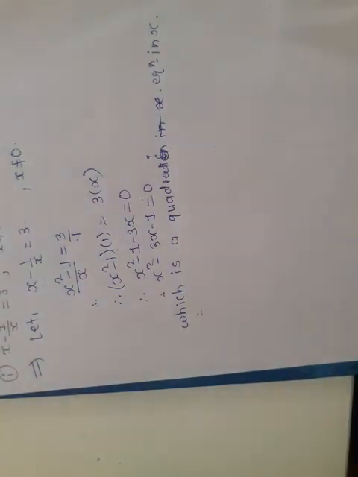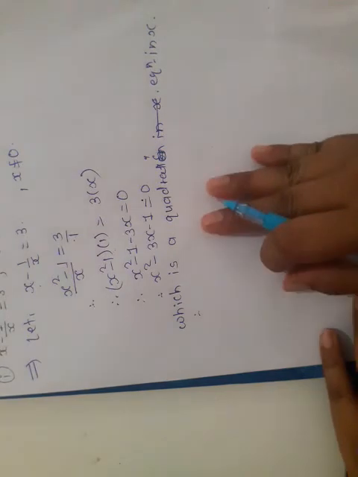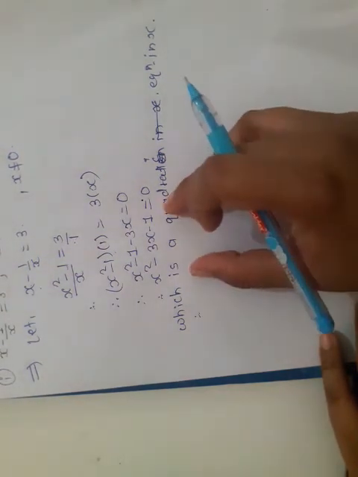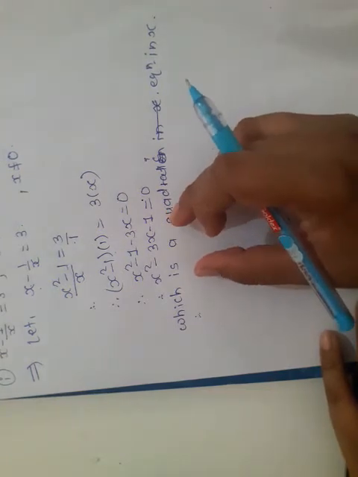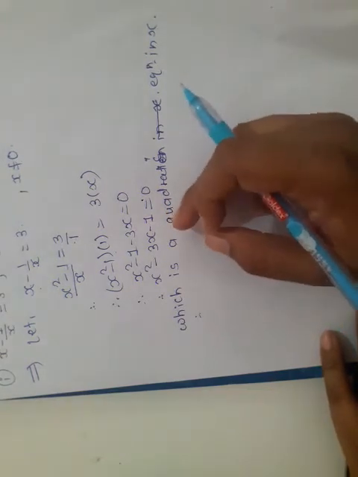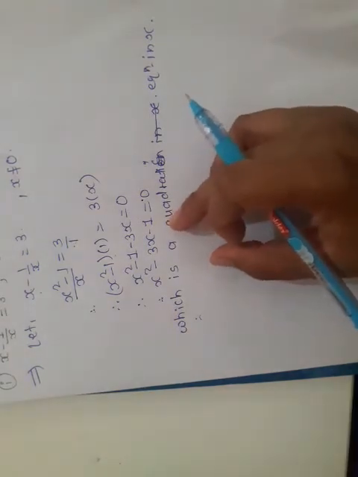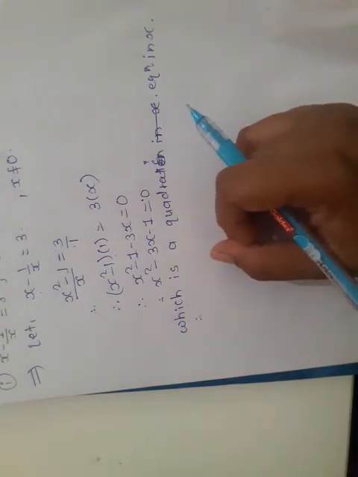You can use any method, completing the square method or the quadratic formula method. I am taking the quadratic formula method. Before finding the roots, we have to compare this given equation with the general quadratic equation.